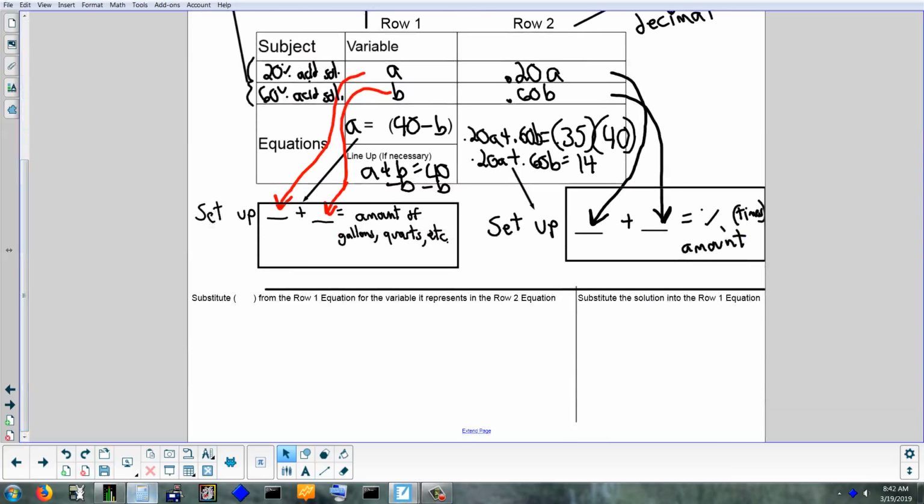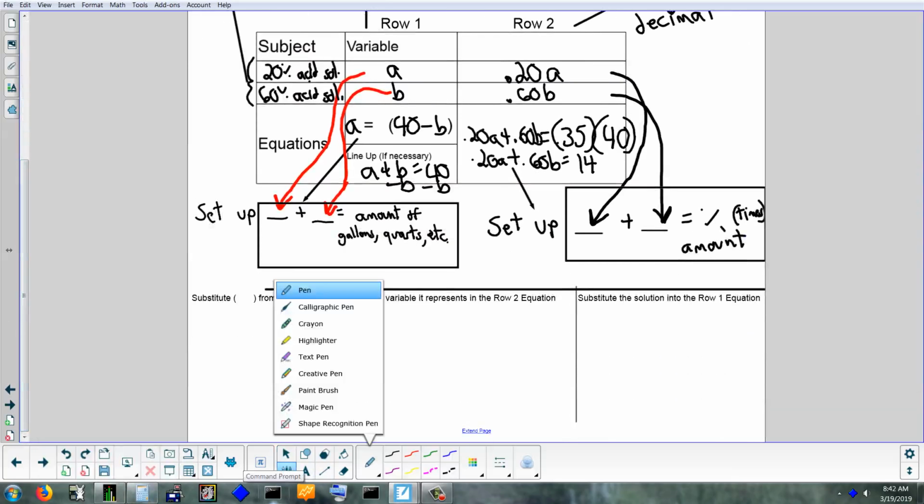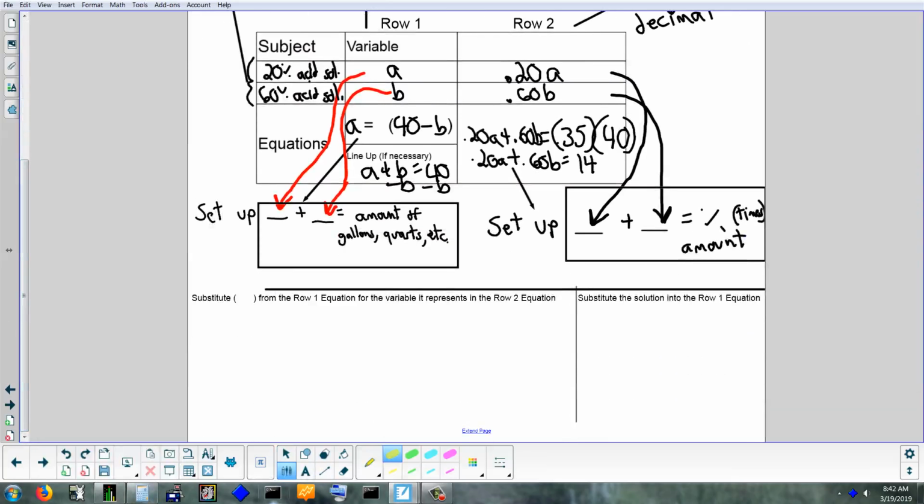All right, so now I'm at the same point as yesterday. I have my row 1 equation. So what letter am I going to substitute for?